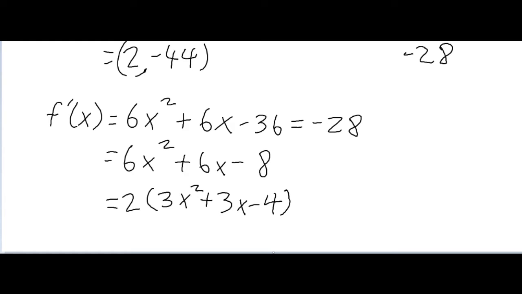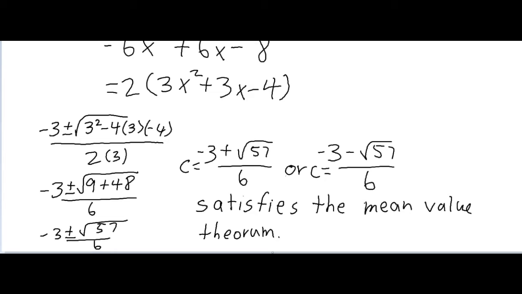And from here, we could solve this in a variety of ways. I'm just going to use the quadratic formula. And I apologize, this is not a pretty number, but because I chose to use the quadratic formula, this is not a perfect number like I thought it would be, and we get c equals negative 3 plus square root 57 over 6, or c equals negative 3 minus square root of 57 over 6.